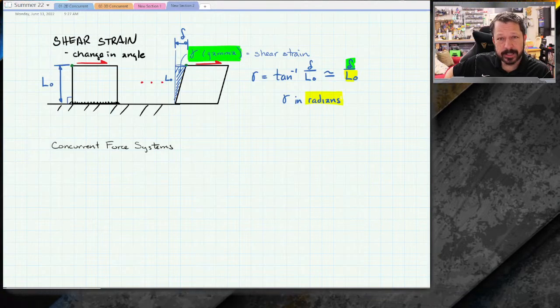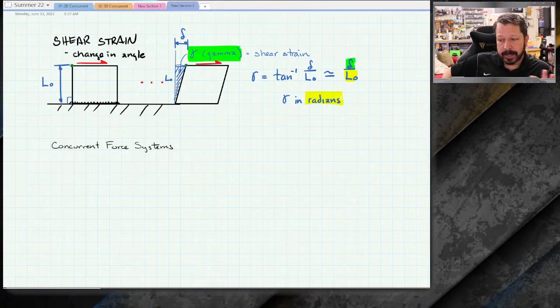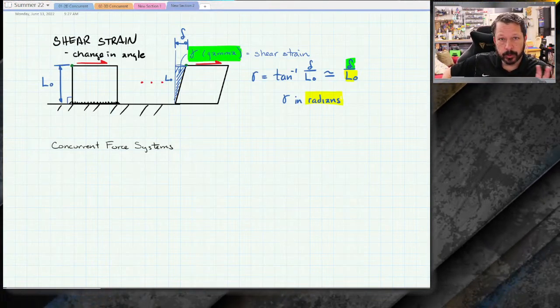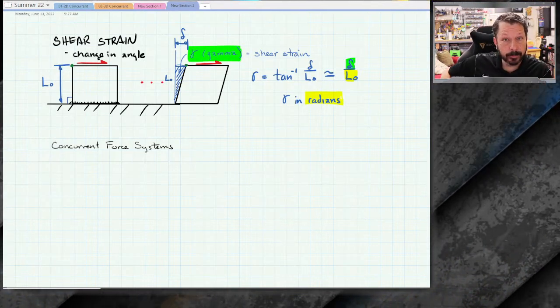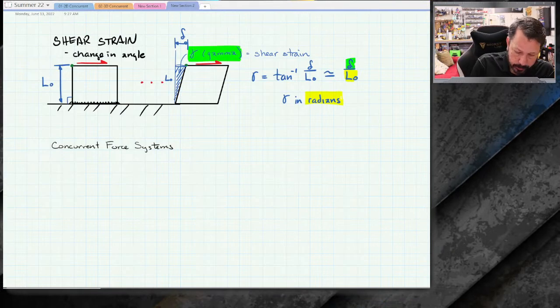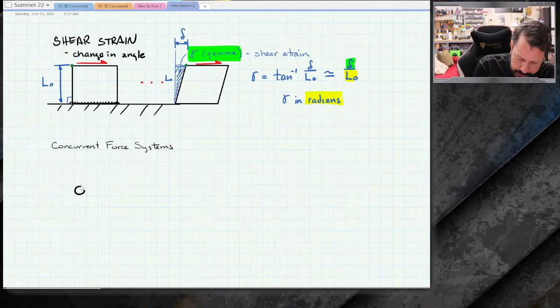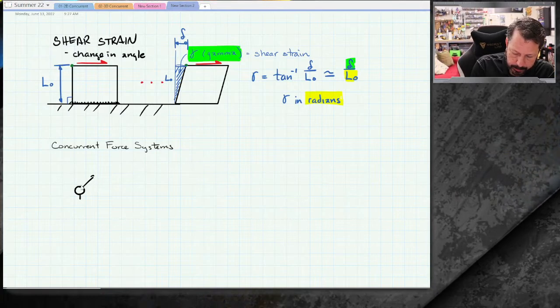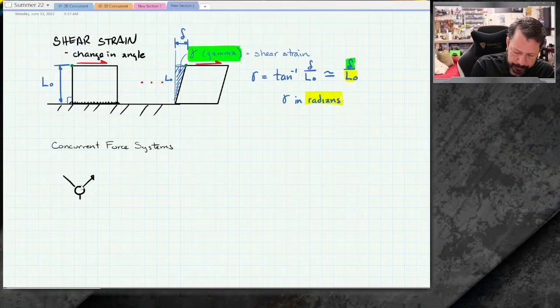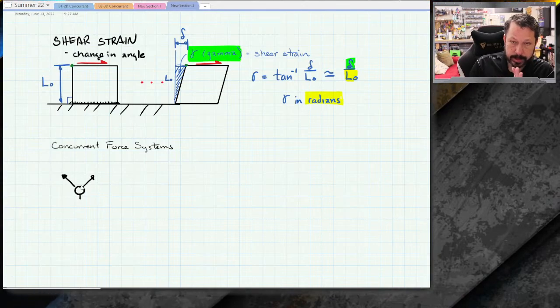For it to be concurrent, all of the lines of action for our forces, these forces were usually in cables and struts and stuff like that, they all intersected at one point. So we had little diagrams like this where there's some kind of a ring, and it's got some cables coming off of it with forces, and we've been doing that.